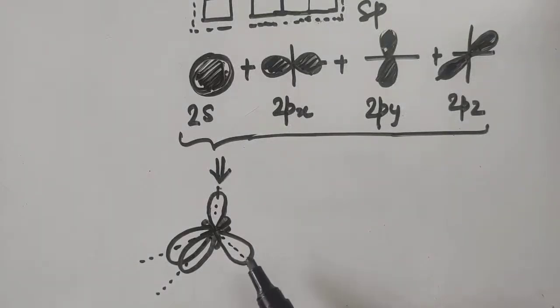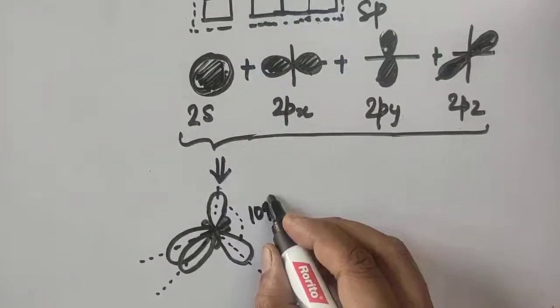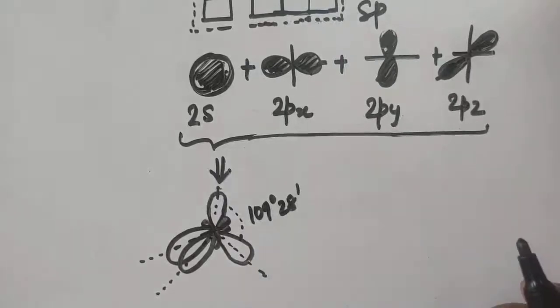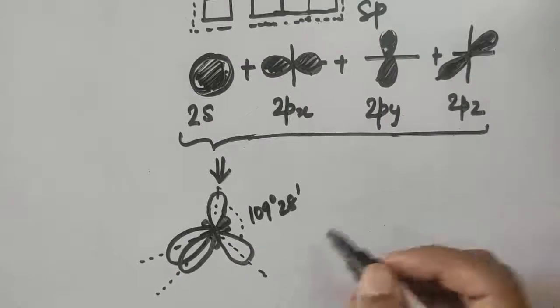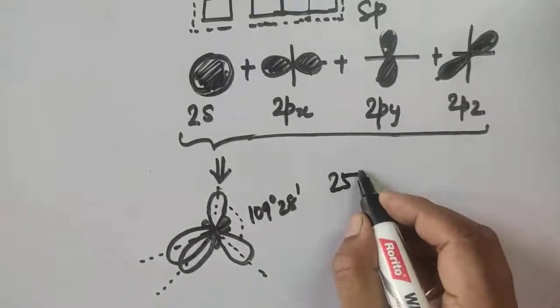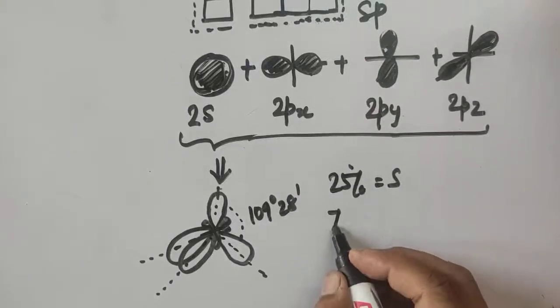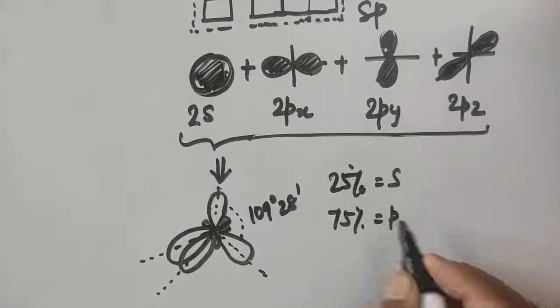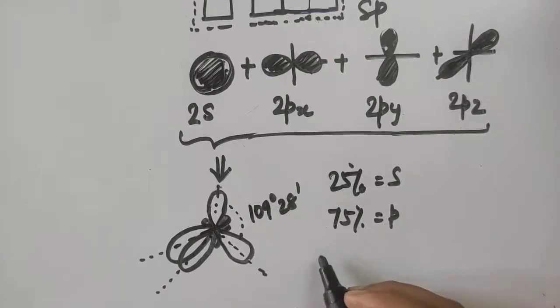They will show tetrahedral geometry, and the angle between these orbitals will be 109 degrees 28 minutes. The orbitals here will show 25% s character and 75% p character.